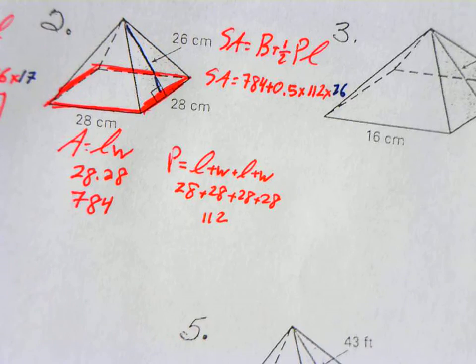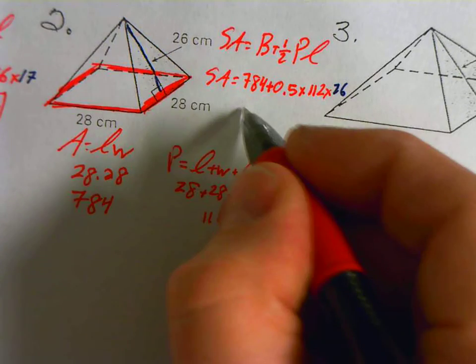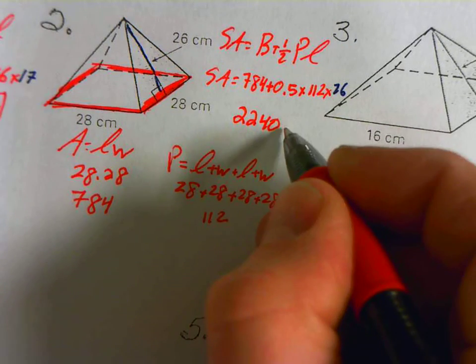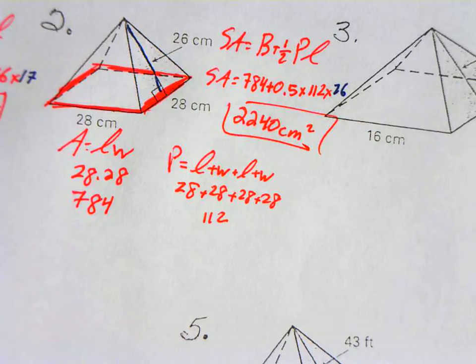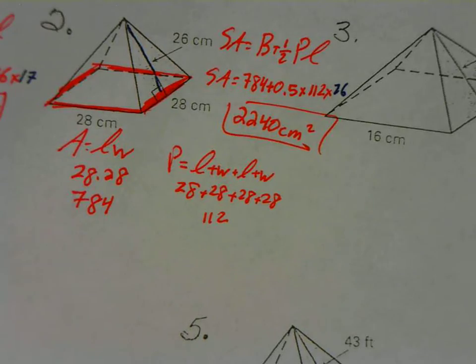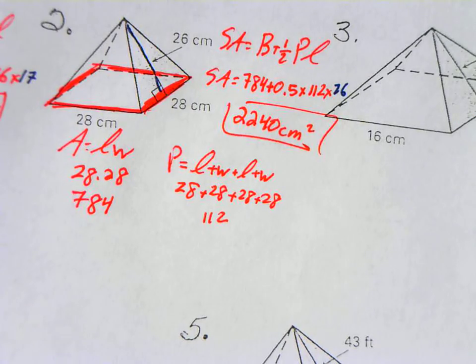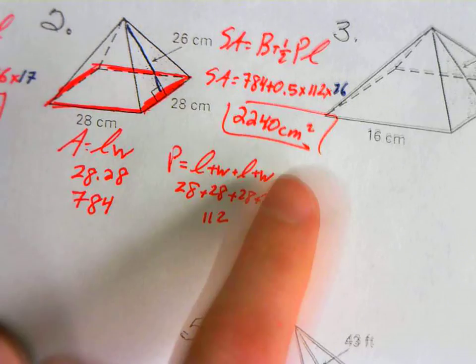When you type all that in, be very careful you type that in there correctly into the calculator. You can get really large numbers. The larger the numbers you start with, the larger the answer will be. 2,240, please note, like your quiz for tomorrow, like your test next week, your label needs to be squared.